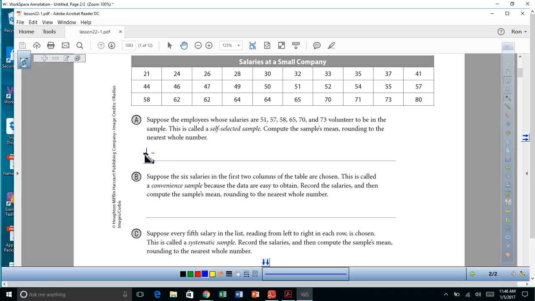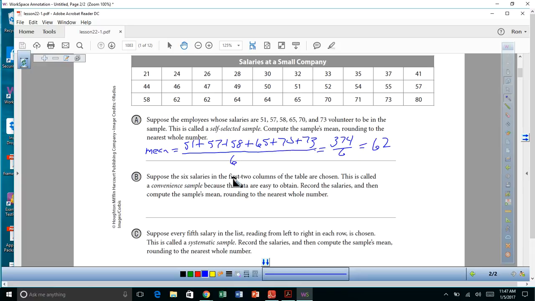The mean equals 51 plus 57 plus 58 plus 65 plus 70 plus 73, divided by the number of numbers we have, which is 6. That's 374 over 6, which is about 62.